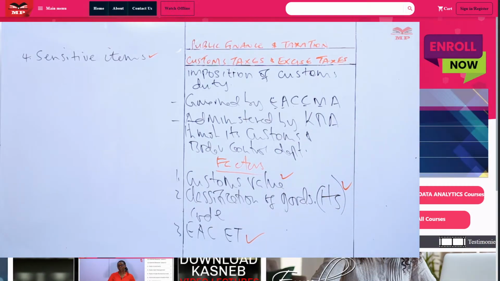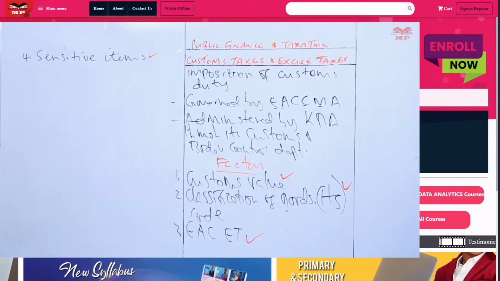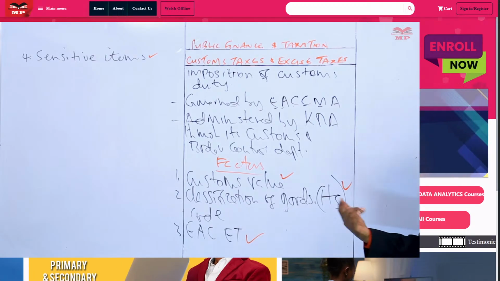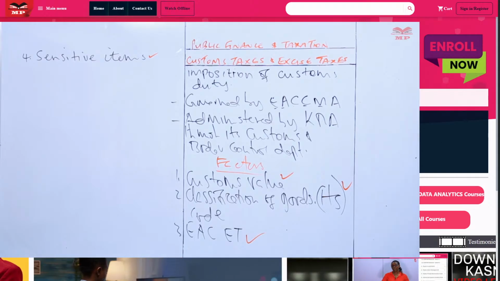KRA's Customs and Border Control Department is responsible for processing the declarations, verifying the goods, assessing the applicable duties and taxes based on the customs value and classification, and also facilitating the payment and eventual release of the cargo. That is the role of Customs and Border Control, a department under KRA.